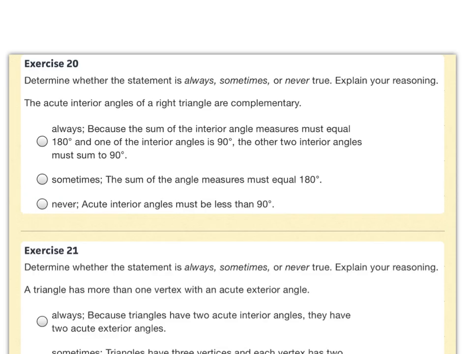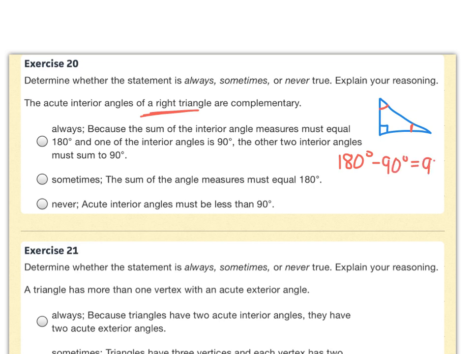Number 20, the acute interior angles of a right triangle are complementary. So let me start by drawing a right triangle. It says the acute interior angles, which will be referring to these two angles here, are complementary. Well, think about this. There's 180 degrees in a triangle, every single triangle, and I already know because it's a right triangle that 90 degrees is already accounted for.